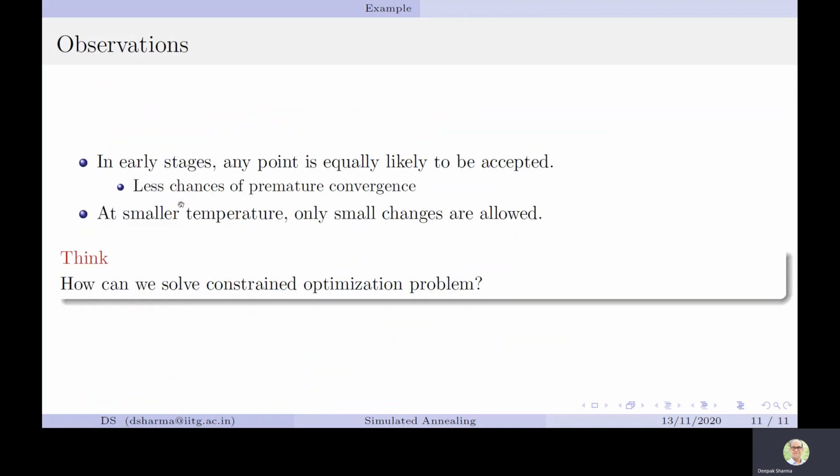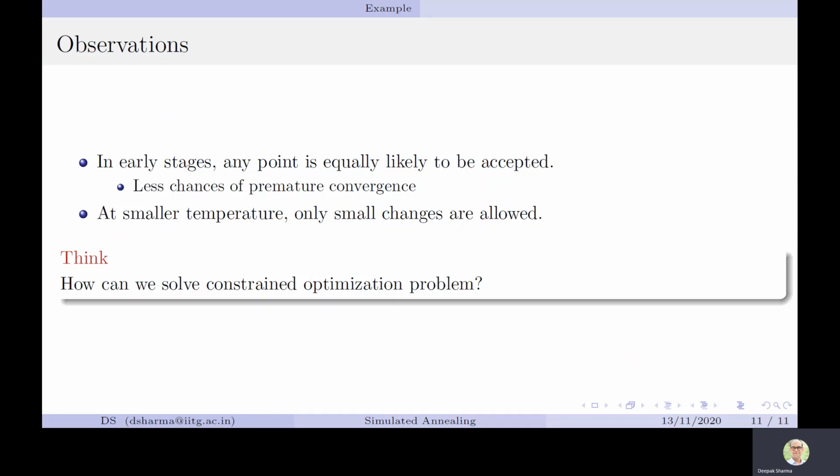So the observation is that in early stages, any point is equally likely to be accepted, so there is less chance of premature convergence. What we can understand is that when we solve a nonlinear problem where we can expect many local optima, simulated annealing, in which a single solution may try to converge to one solution that may be a local optimum, because of the selection based on the Boltzmann probability, a worse point may be selected.